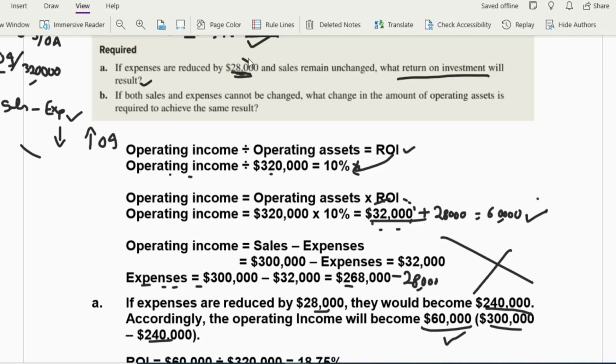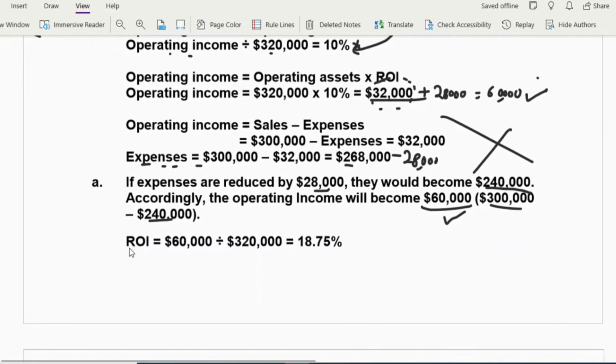Now since we have our updated operating income, we can calculate our updated return on investment. So let's do that. ROI is equal to operating income divided by operating assets. Updated operating income we just calculated, that is 60,000, divided by 320,000, which are our operating assets. Whatever answer I get, I multiply by 100 to get the percentage.